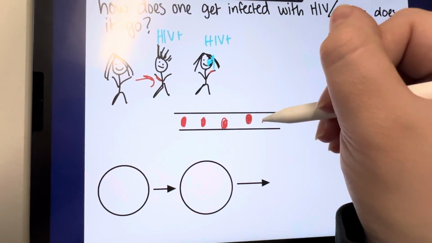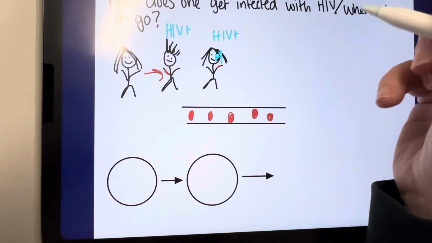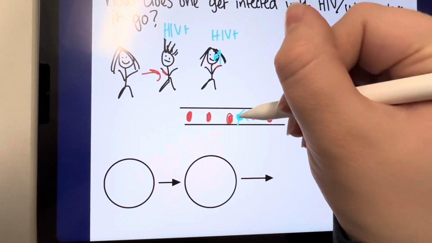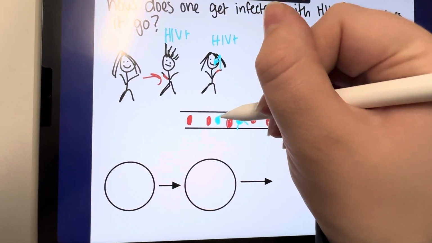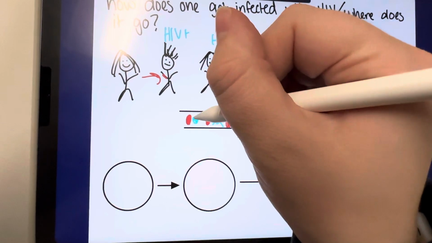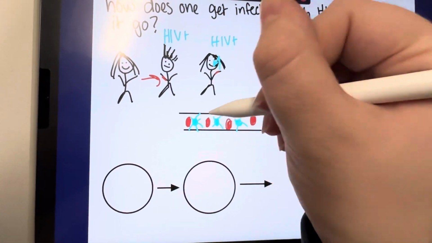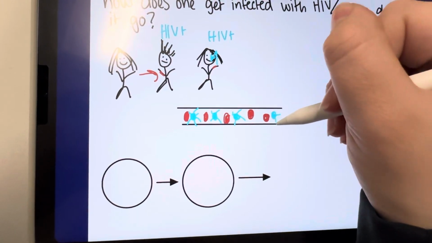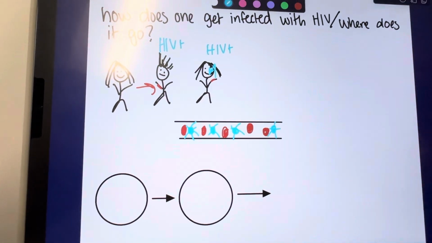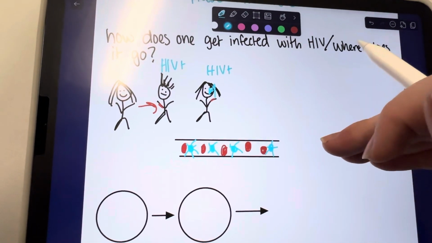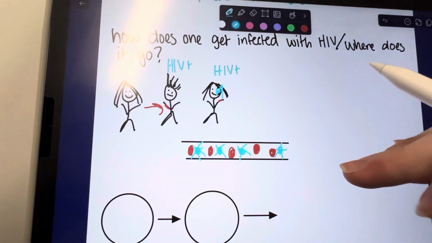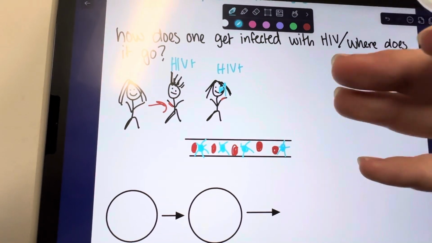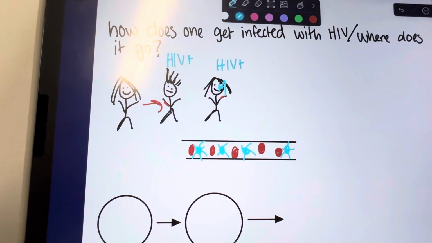So if this is all red blood cells, this is the HIV virus. Now you just have some HIV in your bloodstream, which is one of the most prevalent places that you will find HIV, but it can also be in some other places too.